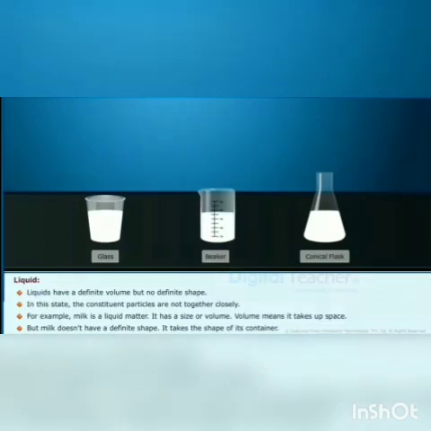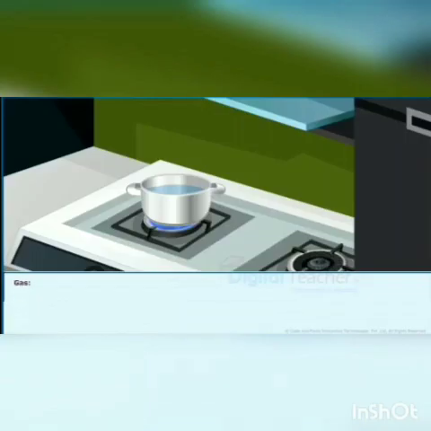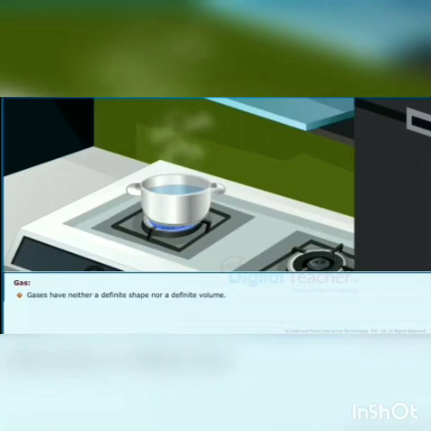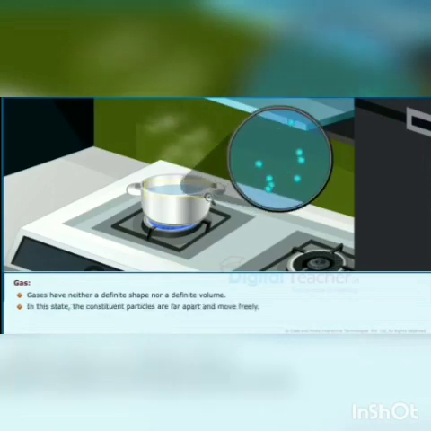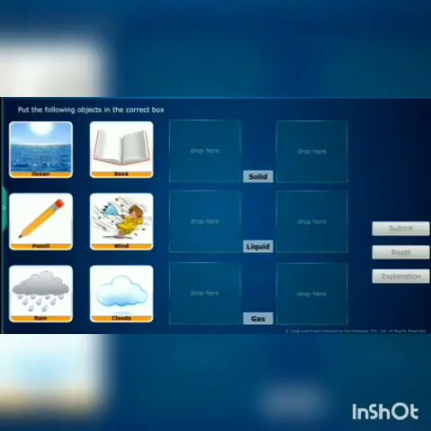But milk does not have any definite shape. Gases. Gases have neither a definite shape nor a definite volume. In this state, the constituent particles are far apart and move freely.